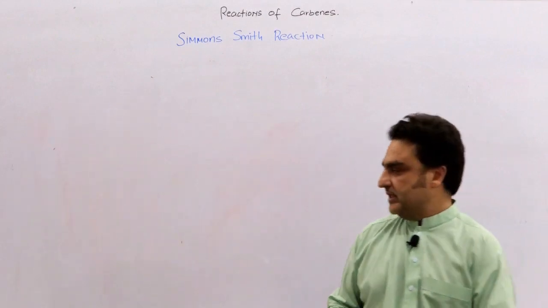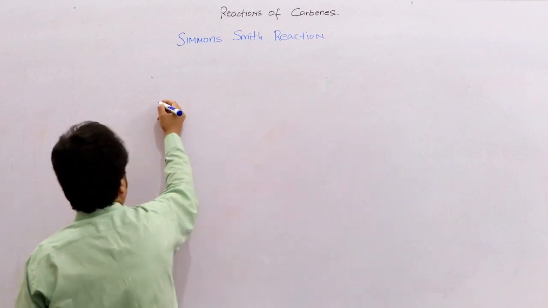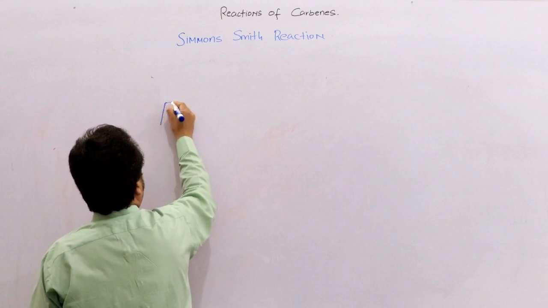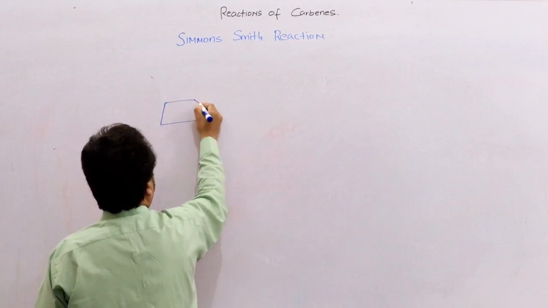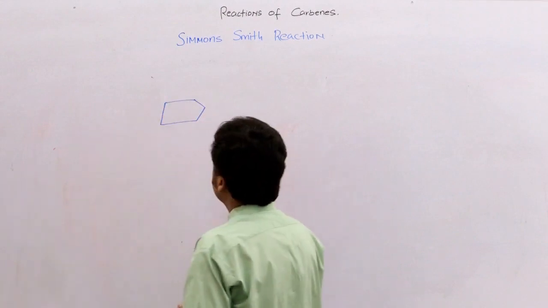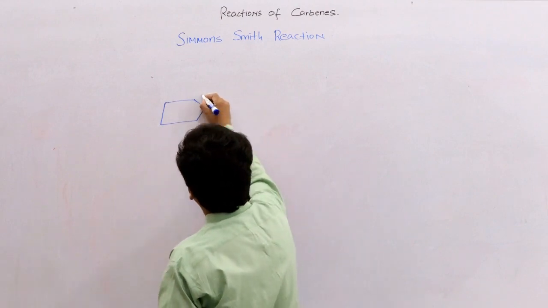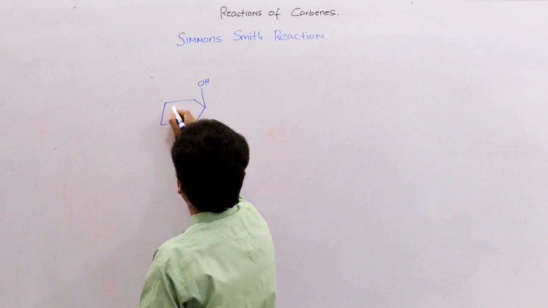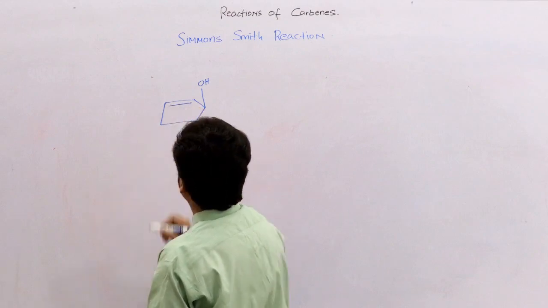Let me write another molecule like this. It's a cyclopentane ring. Here it has OH, and it has a double bond.